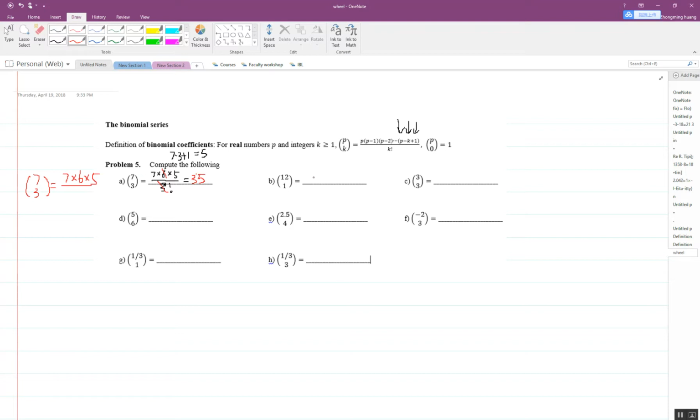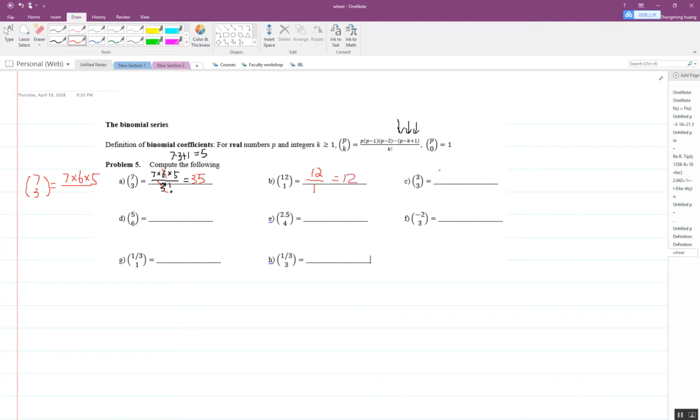Okay, 12 choose 1, that means how many ways to choose 1 student from 12 students. It's just 12 ways. It's just 12 over 1. And why just 12? Because it says 1 right here, so you have only 1 number on top. The bottom one is just 1 factorial, which is just 12.